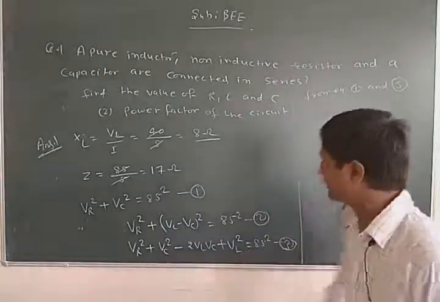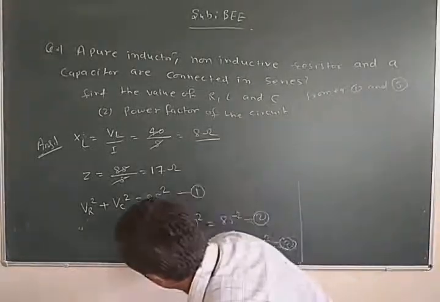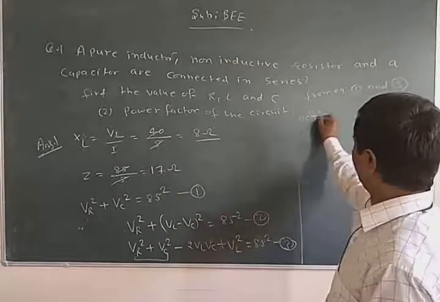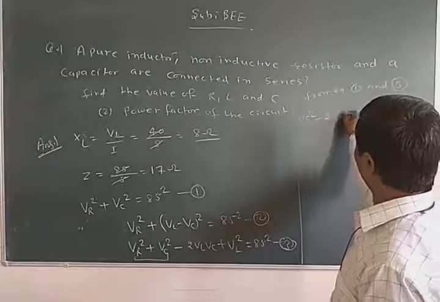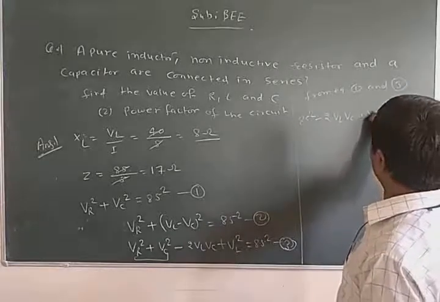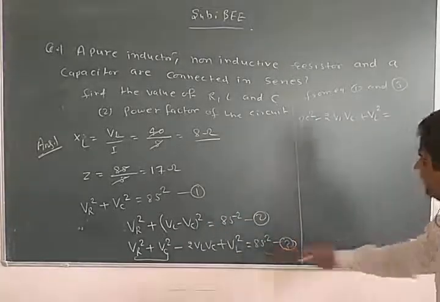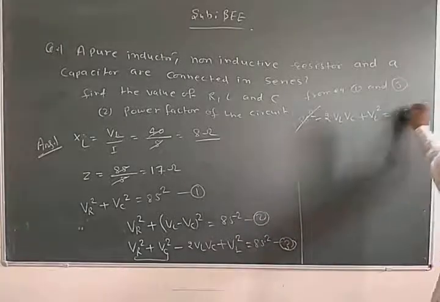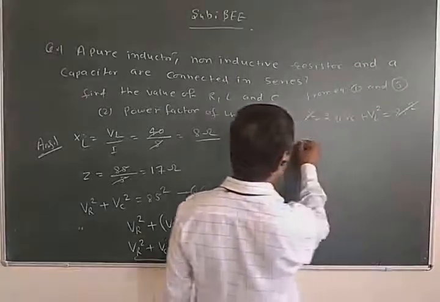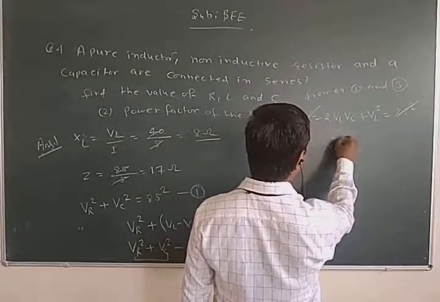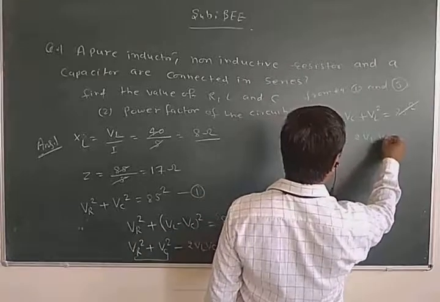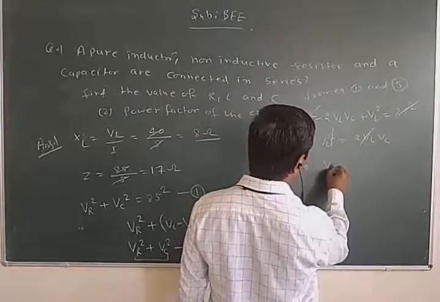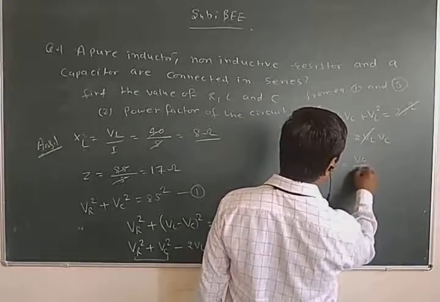So 85 square minus 2 VL VC plus VL square is equal to 85 square. 85 cancels 85. Now VL square is equal to 2 VL VC. VL cancels VL, so VC is equal to VL by 2.